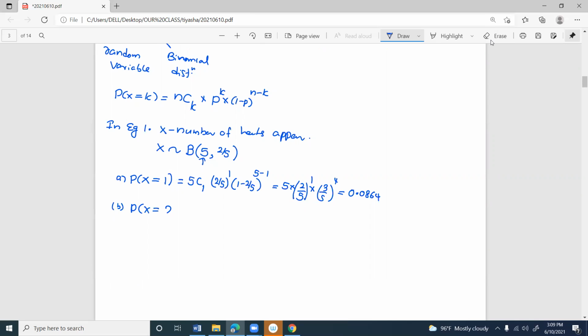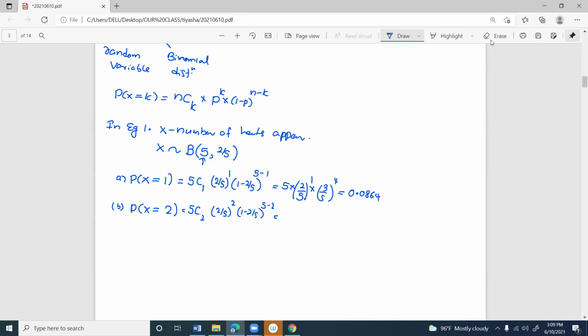Only 2 heads appear. The probability of the number of heads equals 2. Total number is n, so from this, it is 5C2 times (2/5) to the power k, where k is 2, times (1 minus 2/5) to the power 5 minus 2.